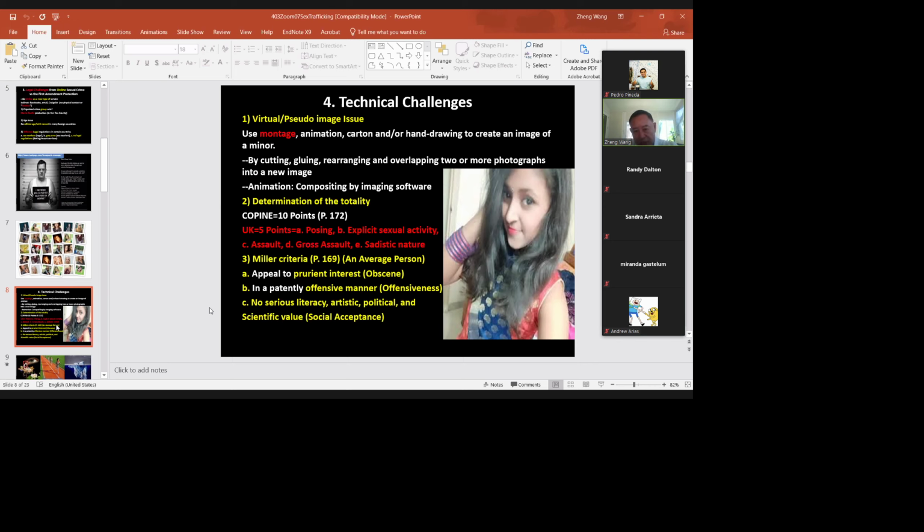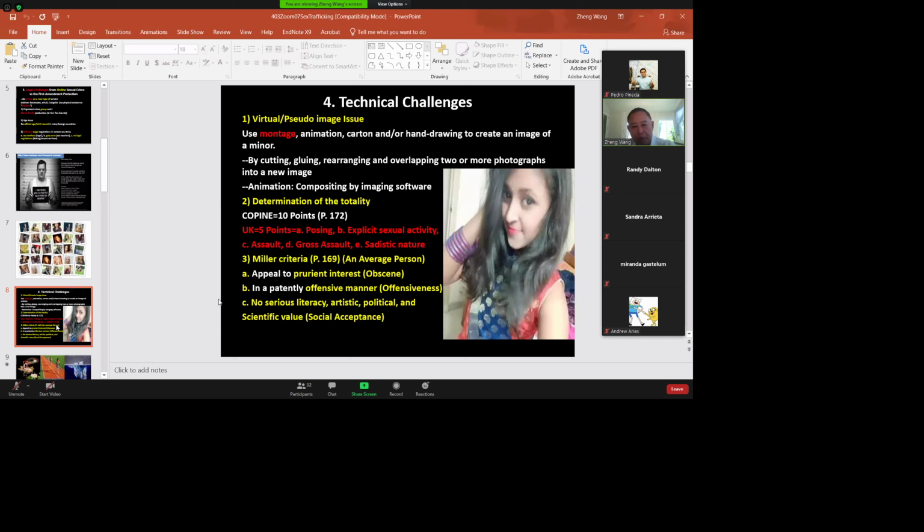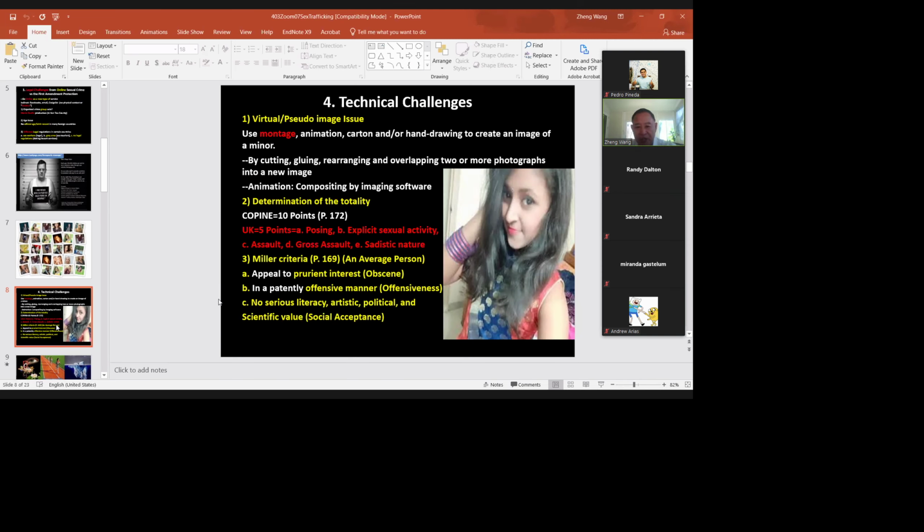Nowadays, cartoon figures almost look like a real person. They use those to make real actions, sexual acts, which is a loophole. Because those computer-generated cartoon figures are not real persons, if I do not use a real person, I can do whatever I want because I'm using special imaging software.